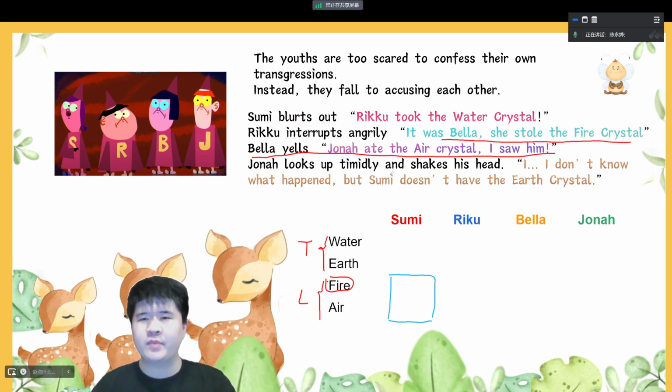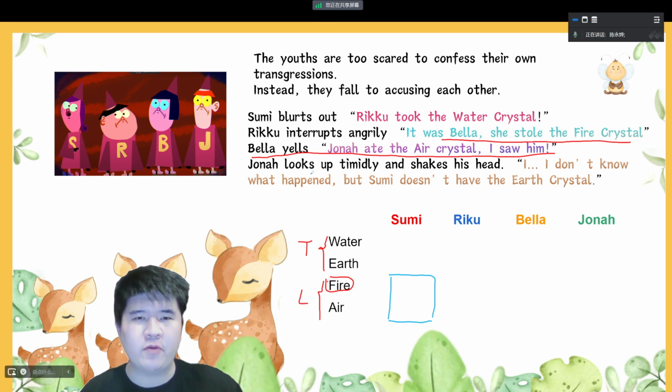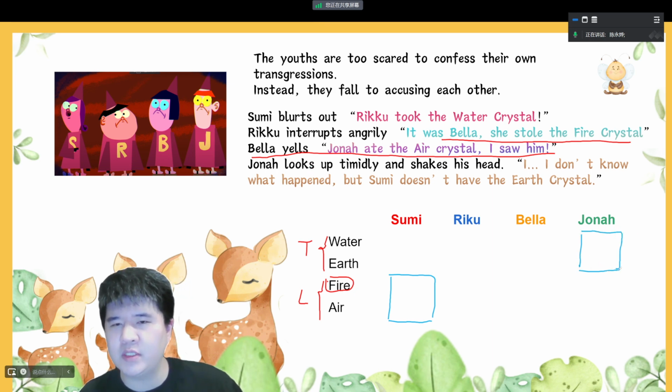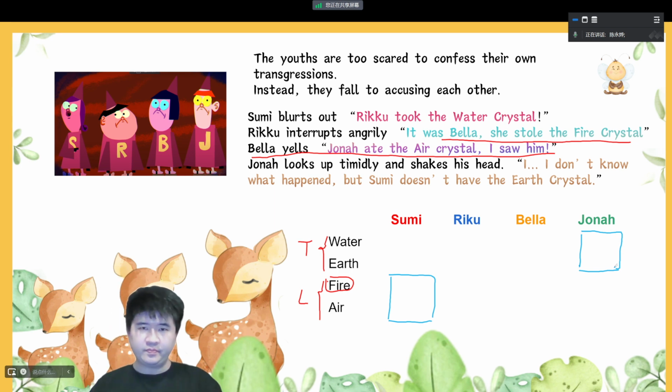Jonah says, "Sumi doesn't have the earth crystal." Is it true or false? Sumi's crystal is between fire and air, so it cannot be earth. That means Jonah is telling the truth. His crystal must be between water and earth.